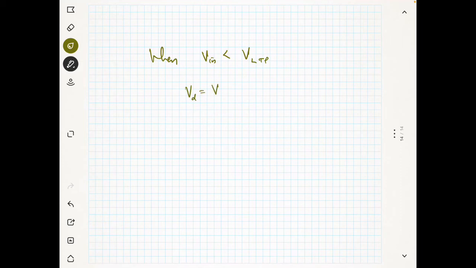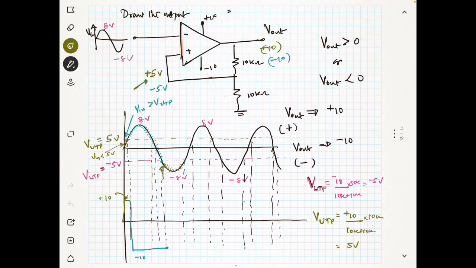Vd is nothing but VLTP minus Vin, which becomes a positive number. That means your output will go up again. This will continue up to this portion as shown here, and the output will remain like this.